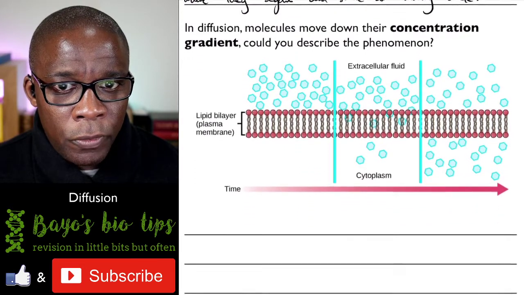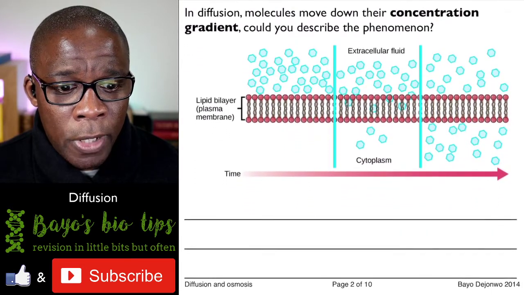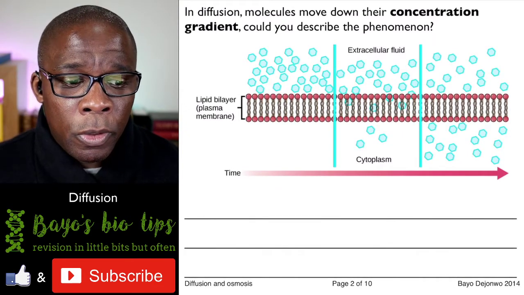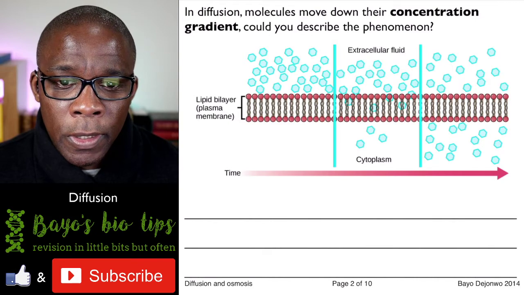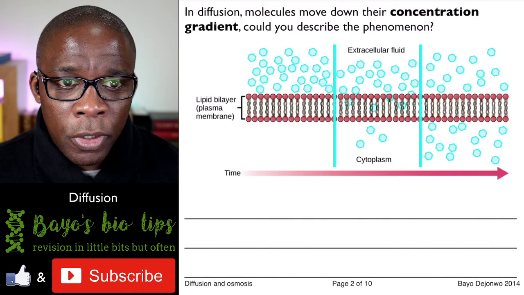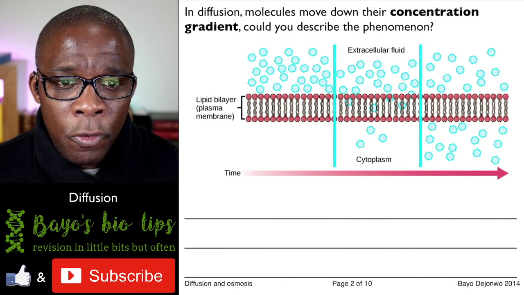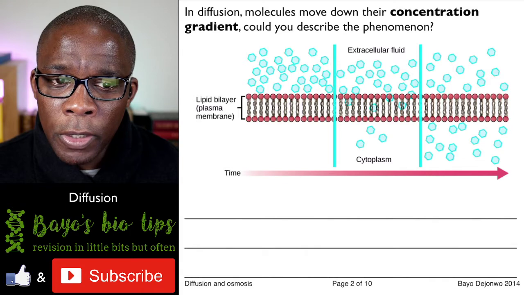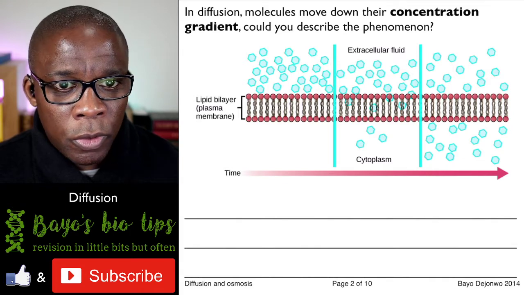So in diffusion, molecules move down their concentration gradient, and that's what we were talking about earlier. So the concentration gradient is the difference in concentration from one area to another. So they're moving down their concentration gradient because they're going from an area of high concentration to an area of low concentration.